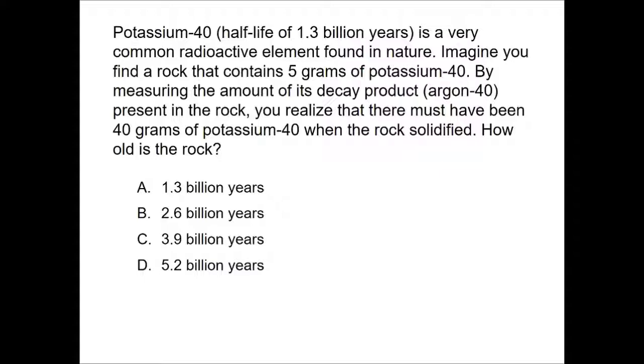If you start off with 40, after one half-life it would go down to 20, another half-life down to 10, and another half-life down to 5. So apparently 3 half-lives must have occurred to make the 40 go down to 5. We now have 5 grams of potassium-40, and the argon is at 35 or so. So the answer here must be C. That's how old a rock must be if it's experienced about 3 half-lives.